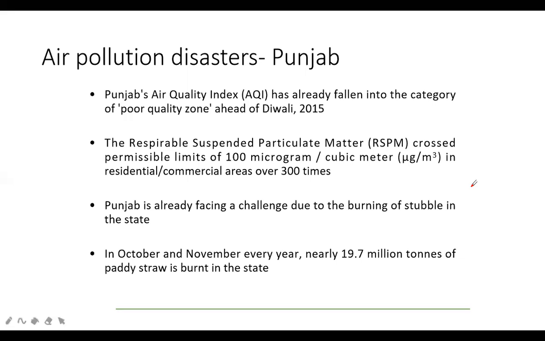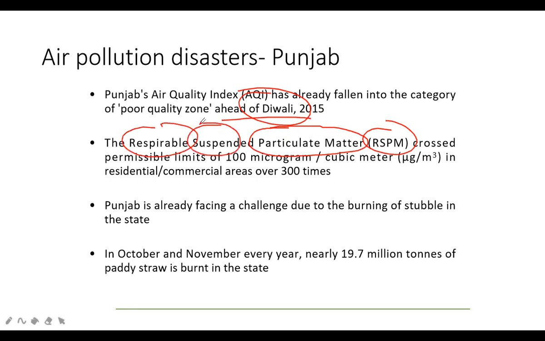The air quality index is very bad, especially ahead of Diwali and before and after Diwali. The RSPM is respirable suspended particulate matter, which we can respire. It has crossed the permissible limit, and no doubt the major challenge for Punjab is always the burning of stubble.